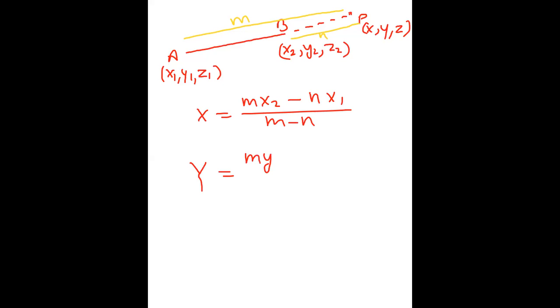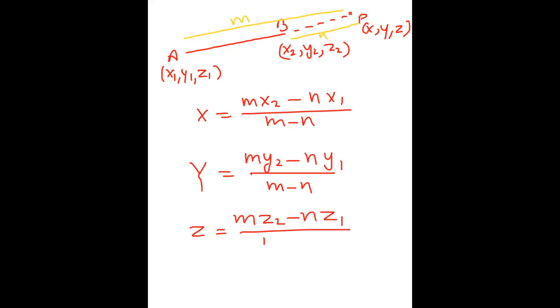For y, it will be my2 minus ny1 upon m minus n. For z, it will be mz2 minus nz1 upon m minus n. So this is the section formula for the external intersection.